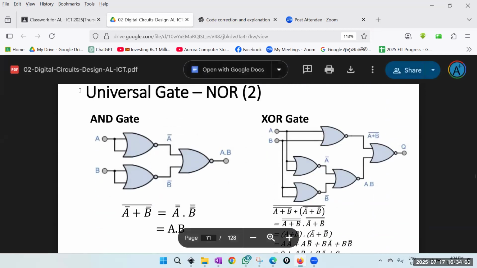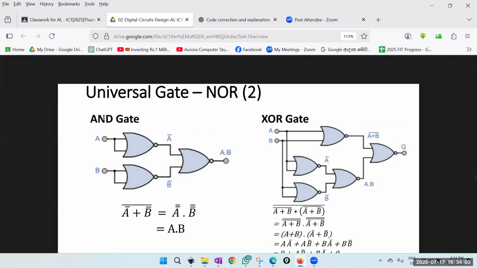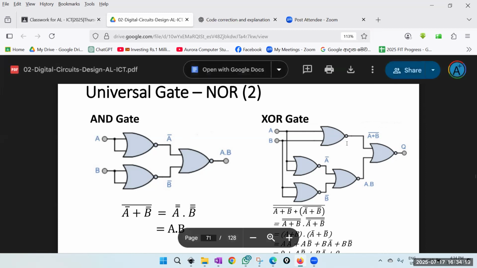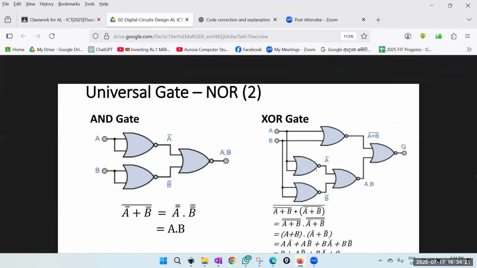Right? You better remember, because maybe in your exam, the examiner might ask you to draw the full circuit. Maybe you are still having AND gates. So if you have AND gates, you can't get rid of AND gates. So this is how you create your AND gate using NOR gates. I don't think the examiner will give you anything related to XOR gates because it's too complicated.